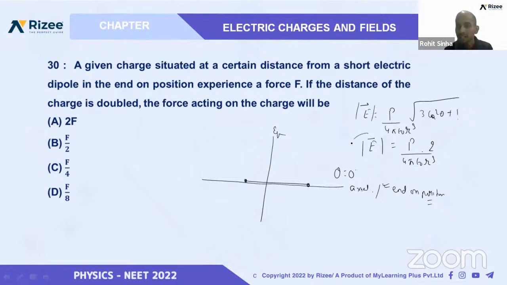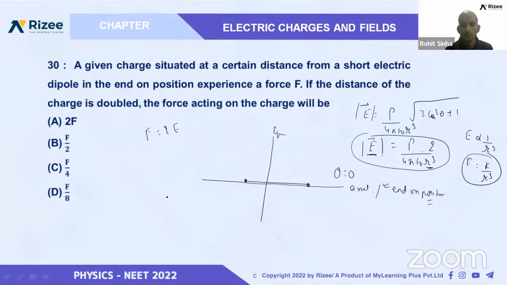Now we know that force is equal to QE. First, we know that electric field depends on R as R cube. That means E is inversely proportional to R cube, or E is equal to some constant K divided by R cube. So first, let us say E1 is equal to K by R cube.